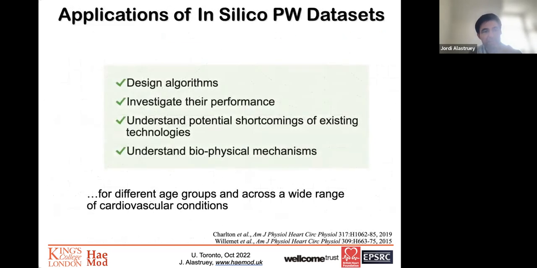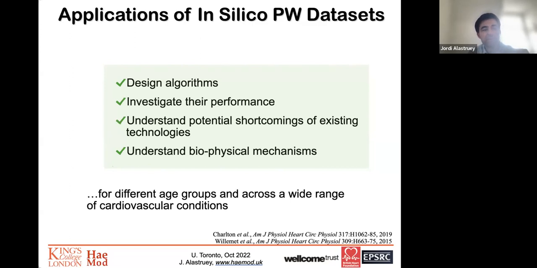So for the remainder of my talk, I would like to show some clinically relevant studies on how in silico pulse wave datasets can help us design and test algorithms of pulse wave analysis, including machine learning models, and also understand the potential shortcomings of existing technologies, and understand the mechanisms underlying hemodynamic observations.